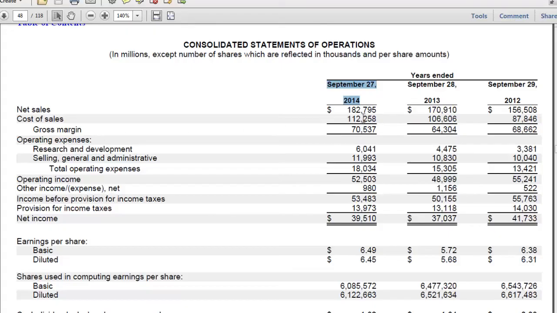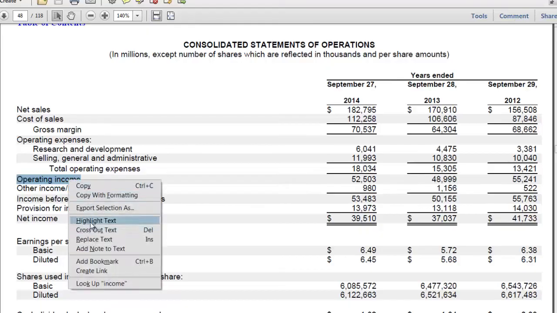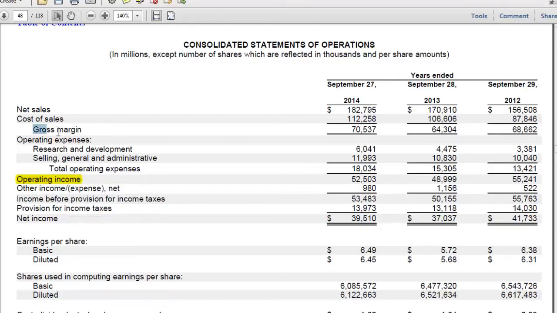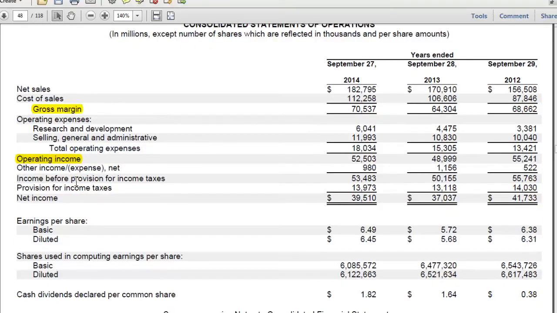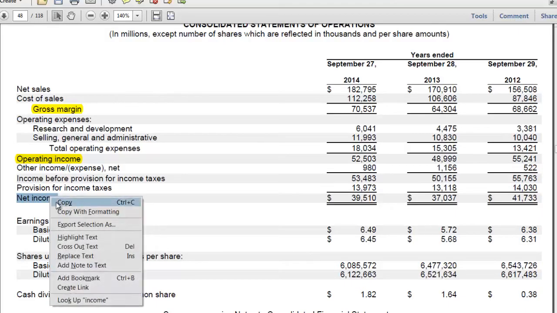This shows the gross profit out of their sales minus their costs of goods sold. Then you subtract out their operating expenses to come up with their operating income. In fact, I'll go ahead and just highlight some of these terms. And then you subtract out taxes and other interest and expense items to come up with net income.